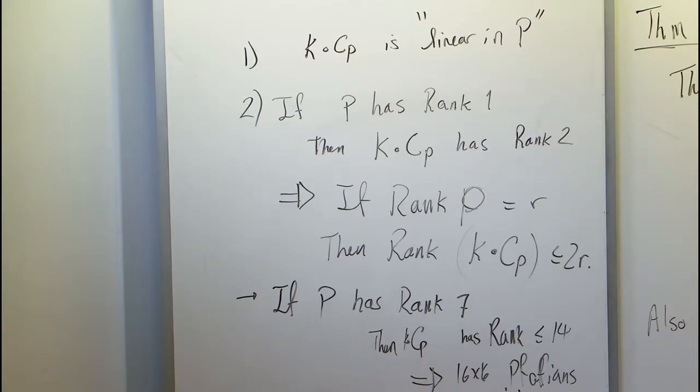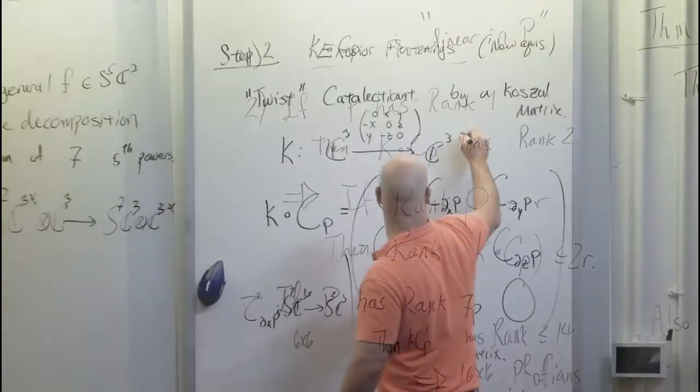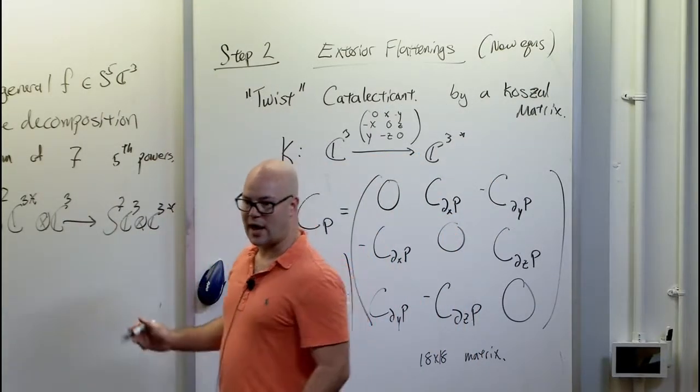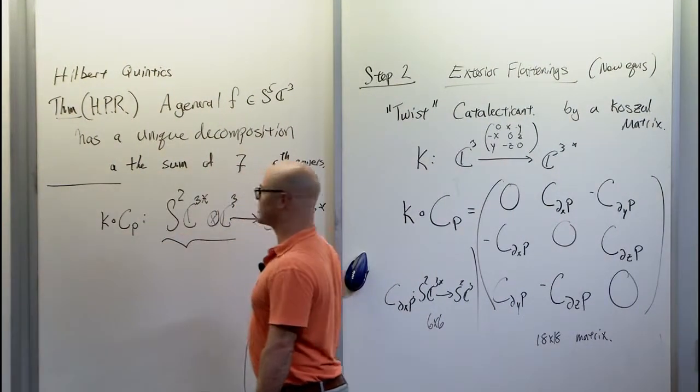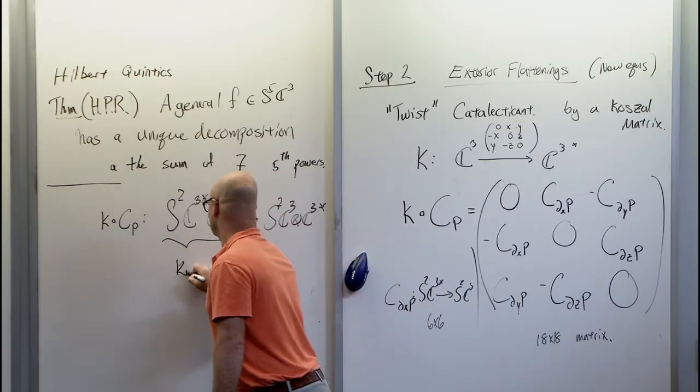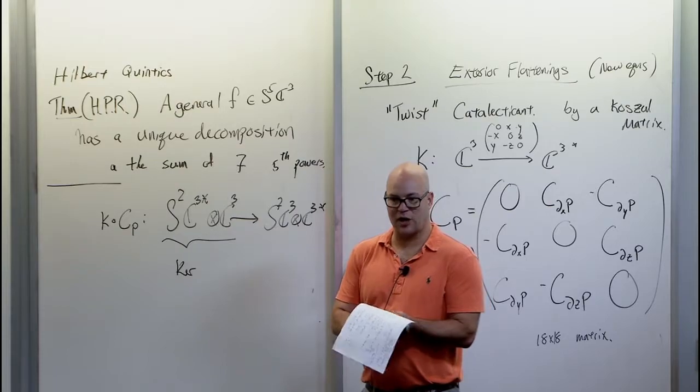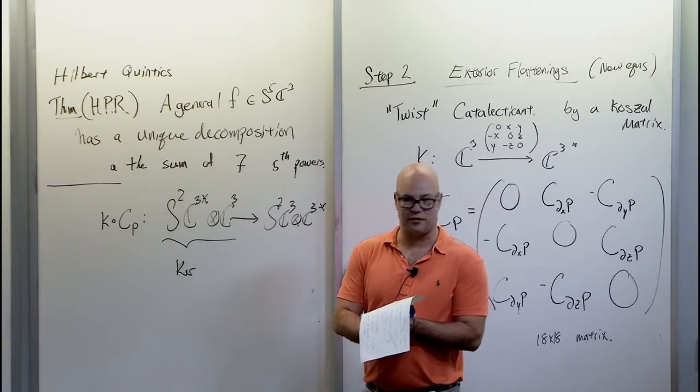What are the spaces I map from? Where is this map going? Well, I did a twist. So K twisted with C_P is a map from Sym^2 C^3 tensor C^3 to Sym^2 C^3 tensor C^3 star. I left the star out over here. This is star. I just told you I have a 4-dimensional kernel in this map, and the kernel is this space here. This space is a space of polynomials for which I know how to compute the number of eigenvectors.